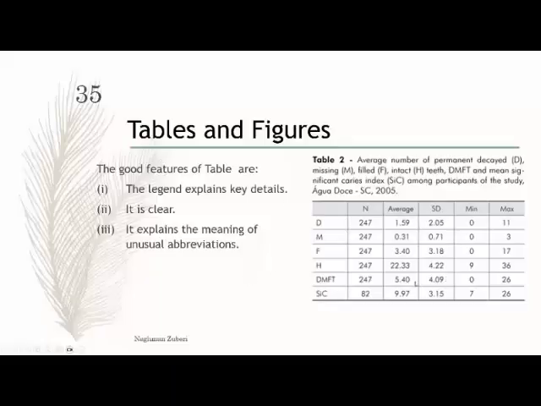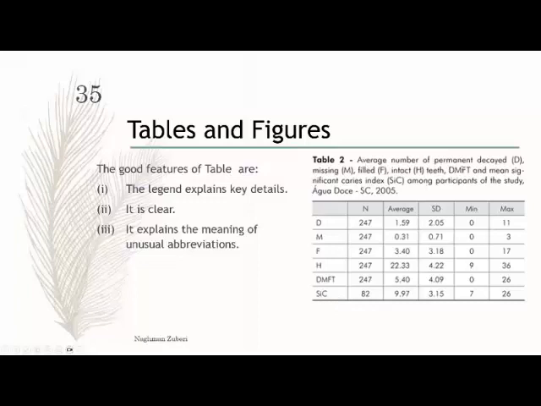Here is an example. The good features of this table are that the legend explains key details. It should be clear. It explains the meaning of unusual abbreviations, like over here this table presents DMFH, DMFT and SIC. So what are these?